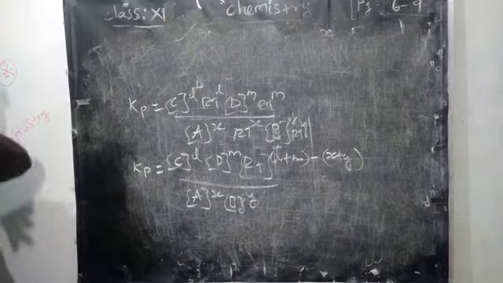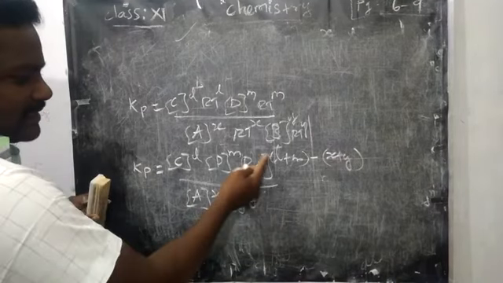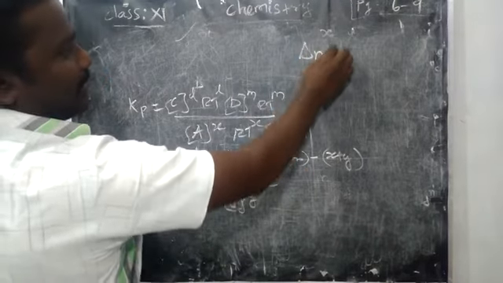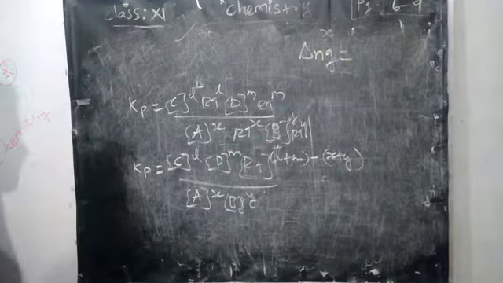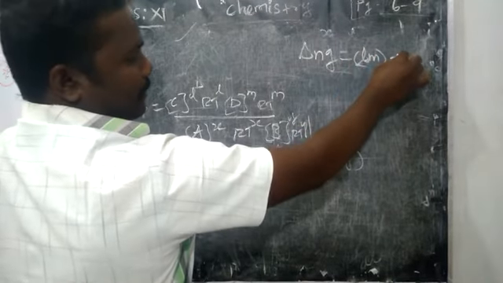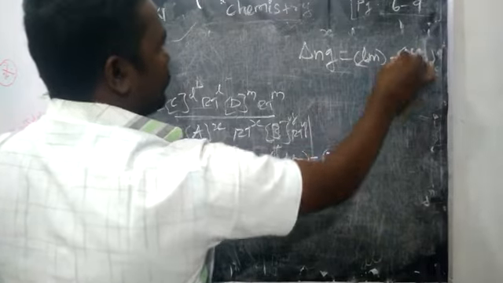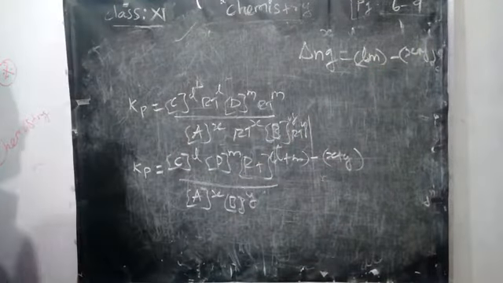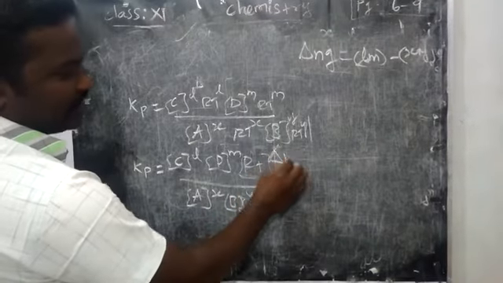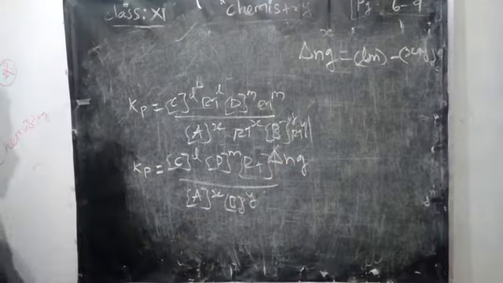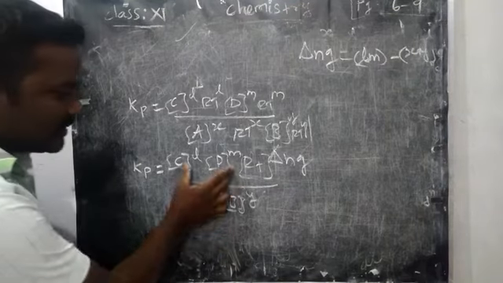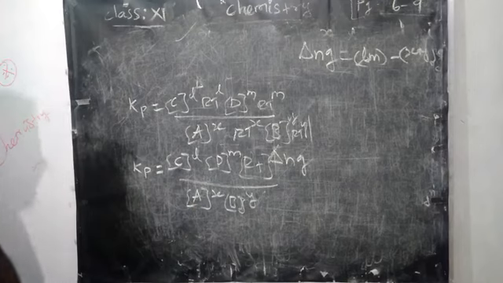Okay. Now this RT power term you can write with the symbol delta ng. Delta ng means l plus m minus x plus y. So in the place of this term you can apply delta ng. Now if you look carefully, you can understand this other term is nothing but the Kc term.